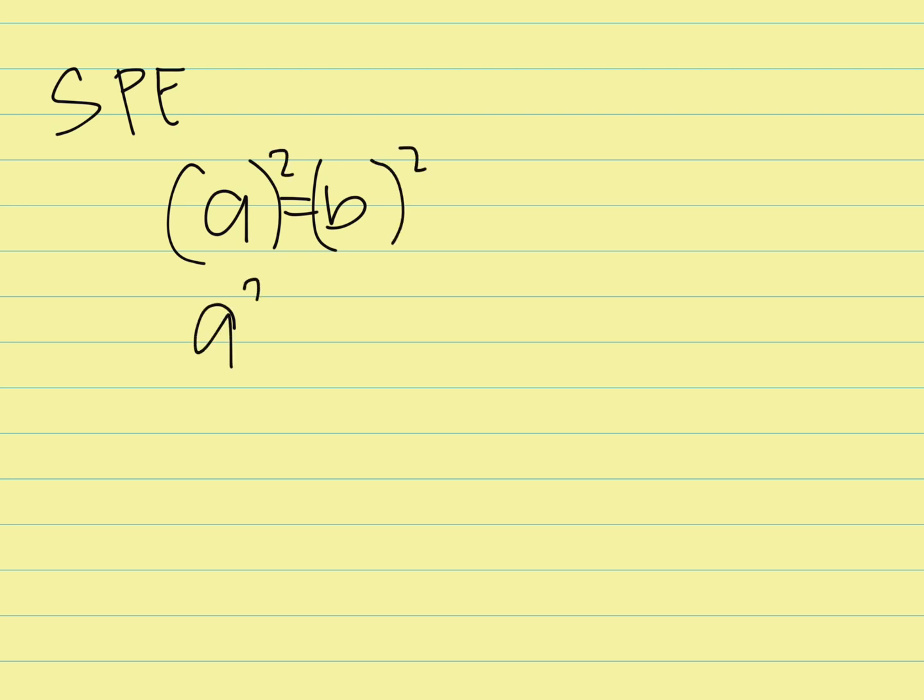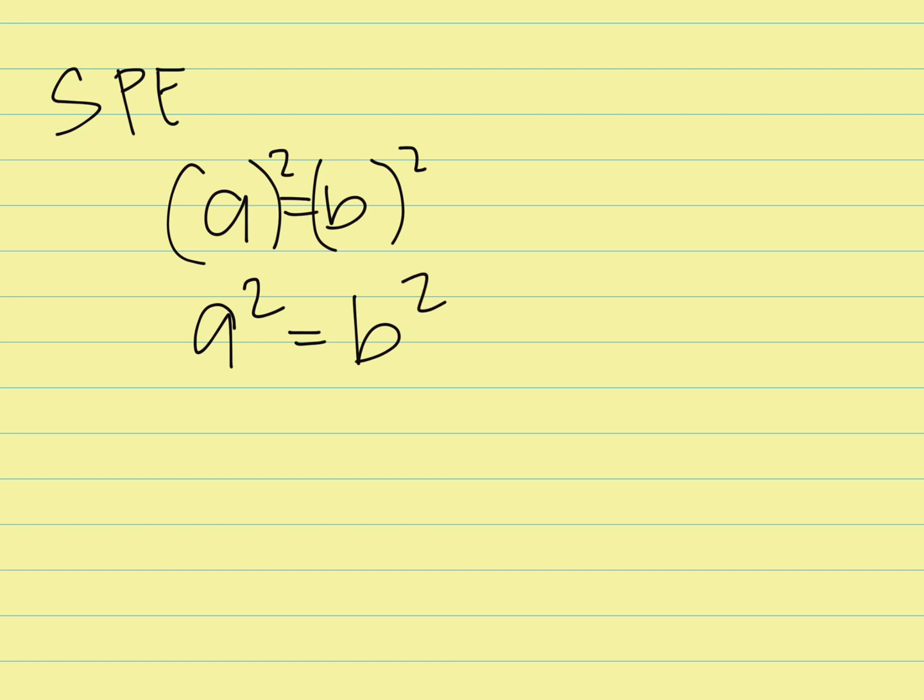The squaring property of equality: if two expressions are equal, then their squares are also equal. So in symbols, let's say we have A is equal to B, so using the squaring property, we are going to square both sides. So we have A squared equals B squared.